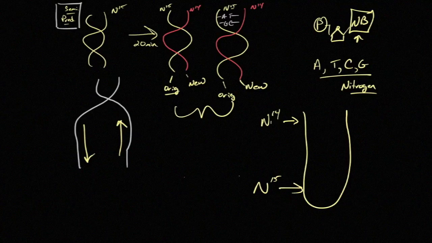In the middle, that's right. So what we would find is that if we were trying to find the band, remember we'd stain it, right, so that we can see it, then we would find the new strands after one round of replication, we would find it here. This is if it's semi-conservative, right? If it's semi-conservative.